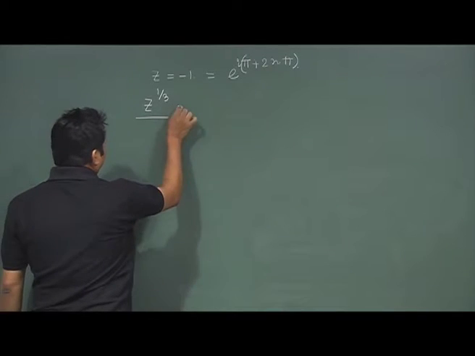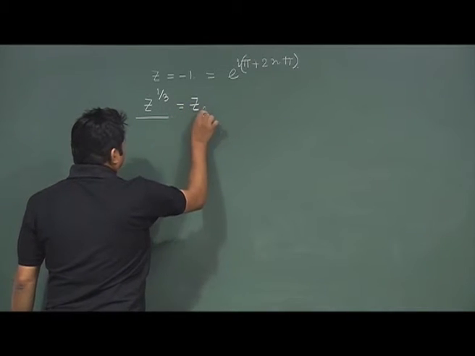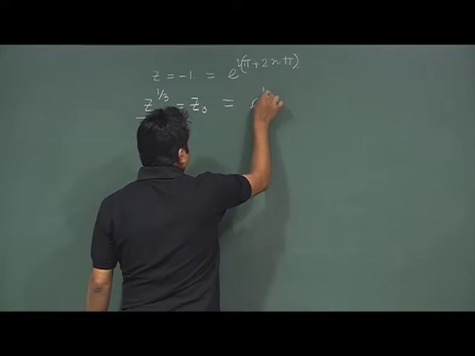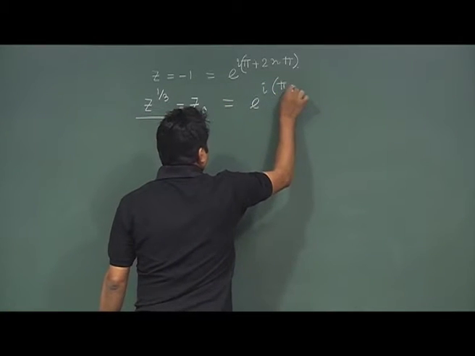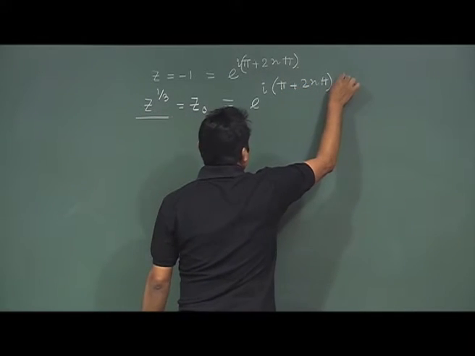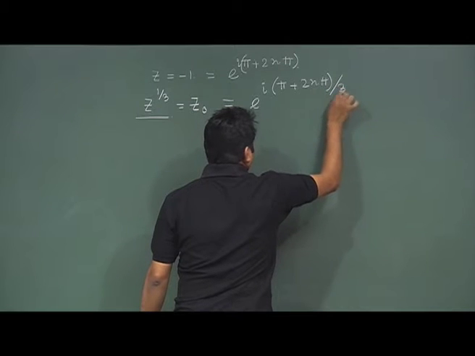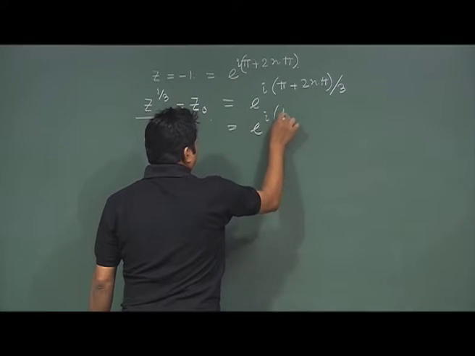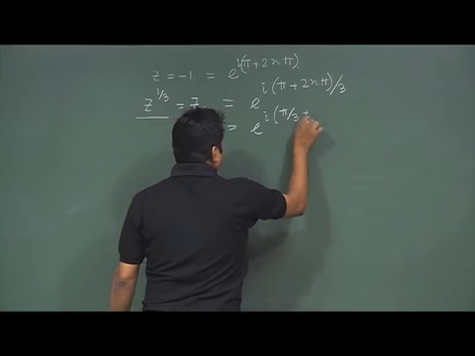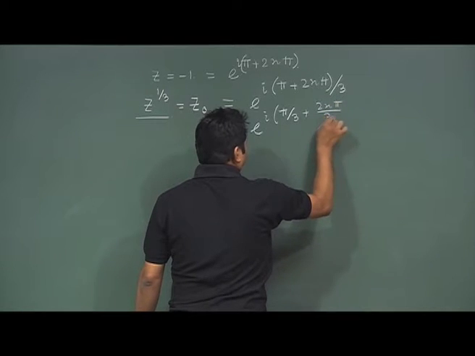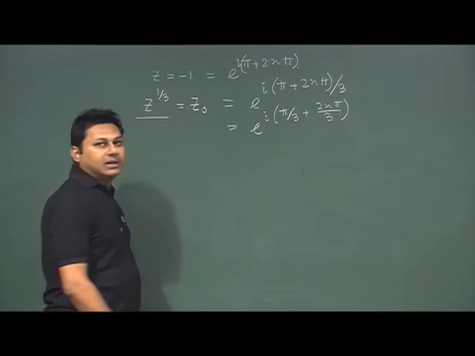So z to the power 1 by 3, it is z0. This quantity is e to the power of I pi plus 2n pi divided by 3, or e to the power I pi by 3 plus 2n pi divided by 3. This is the quantity I have.